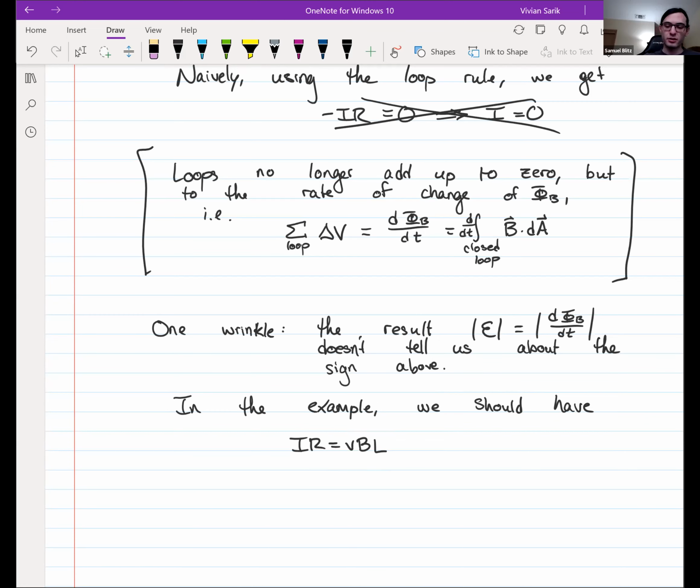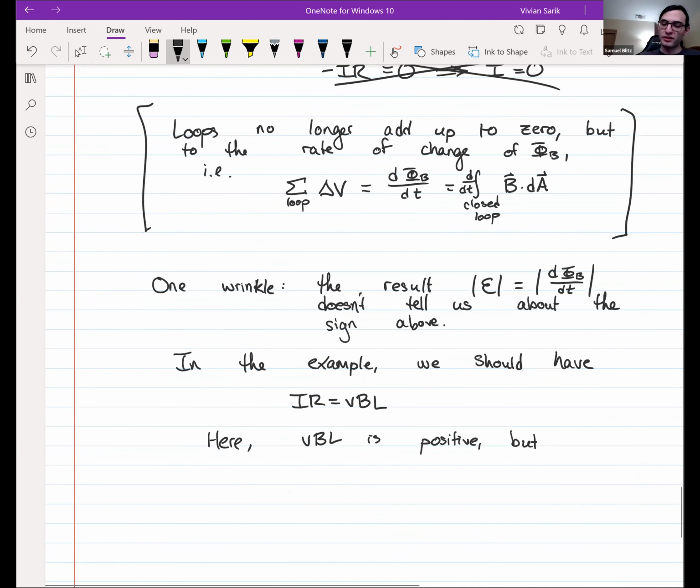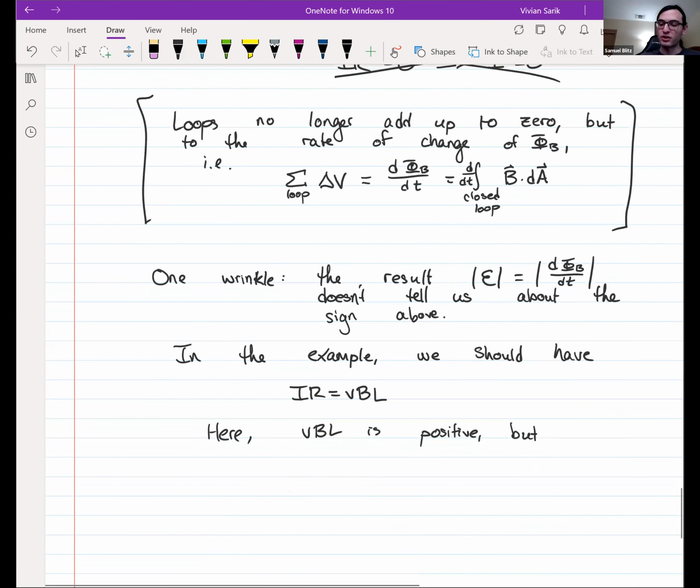So in this case, vBL is positive, but the time derivative of the flux is negative, right? If we look at this circuit, the flux is decreasing because the area is getting smaller and the magnetic field is staying the same. So here the time rate of change of the flux is negative.